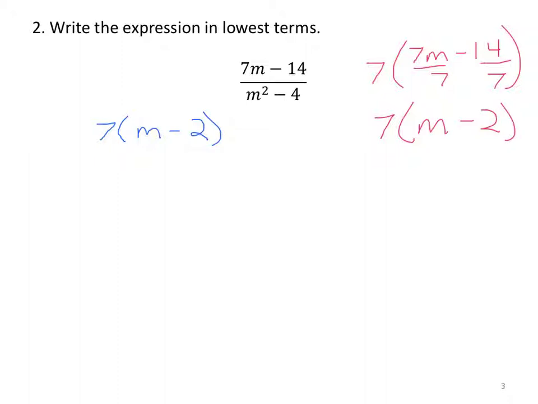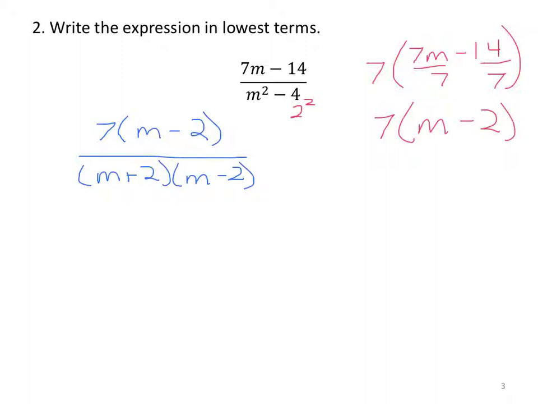Okay, so in the bottom we have a difference of squares. So we have m squared minus 2 squared, and so that's going to simply be m plus 2, m minus 2. For a difference of squares, you add the bases and then you subtract the bases.